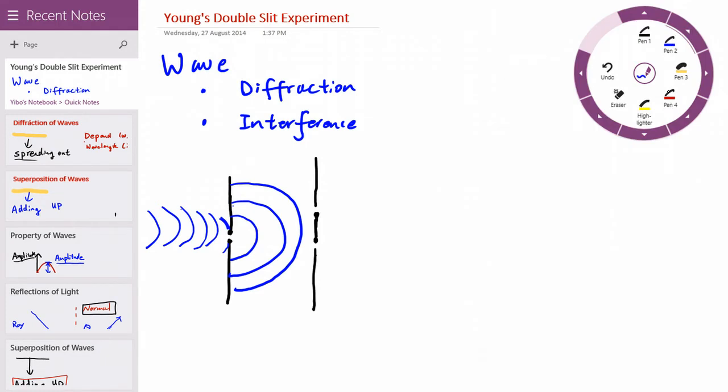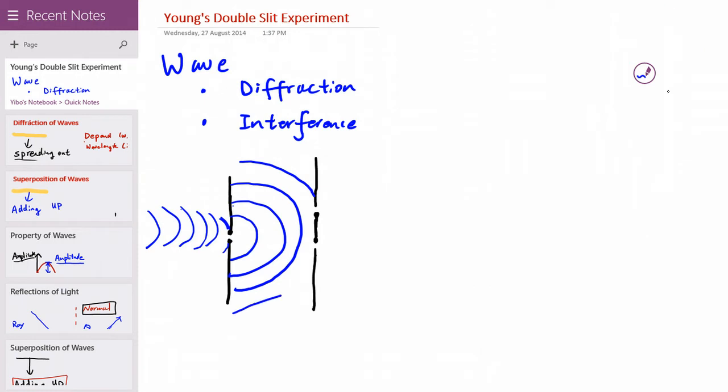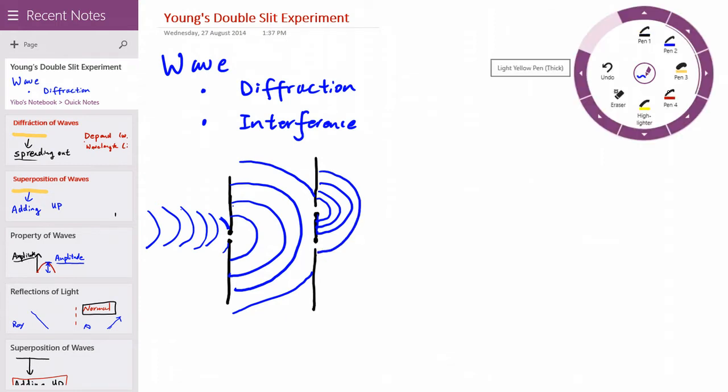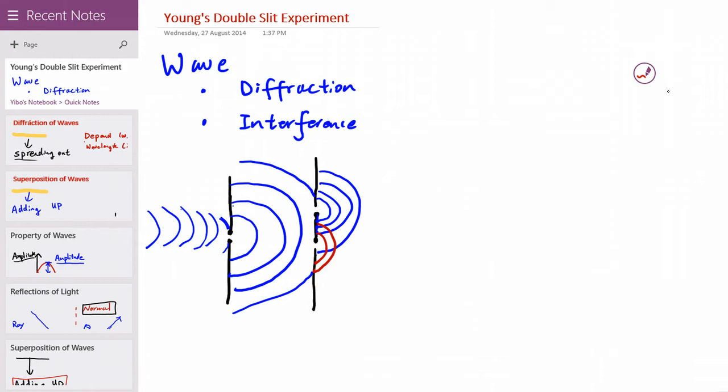Now, as the wave passes through those two slits, diffraction occurs at both. So I have a wave that diffracts from one slit, then a wave that diffracts from the other slit, like this.